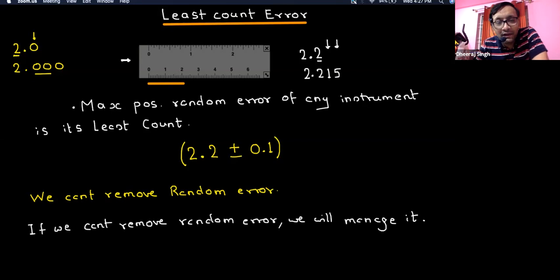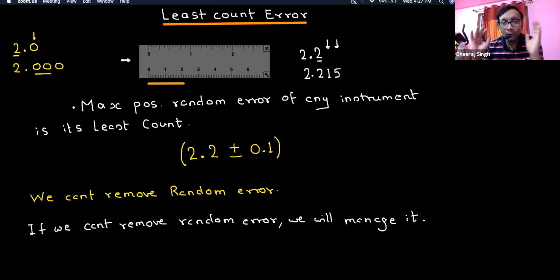It's like if somebody has a chronic disease, for example diabetes. Diabetes cannot be cured, so you manage it. You eat properly. You take care of the medications properly. There are several diseases like that which cannot be cured, so you manage them. Similarly, these random errors cannot be removed, so you need to manage them.